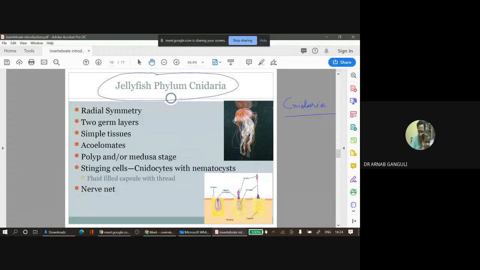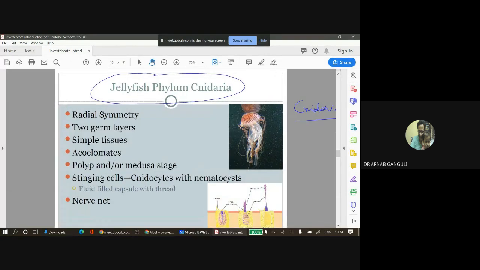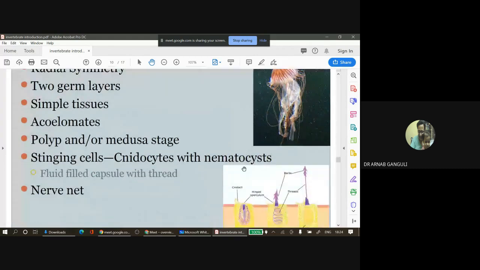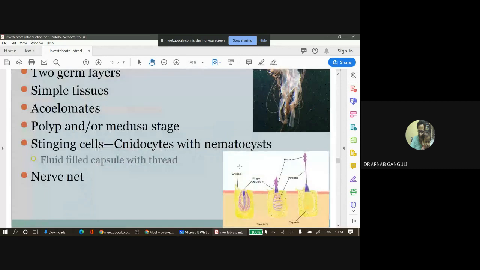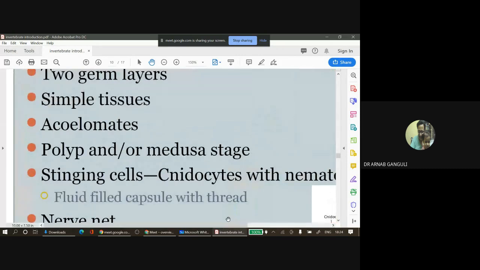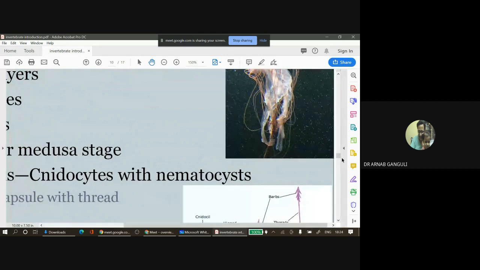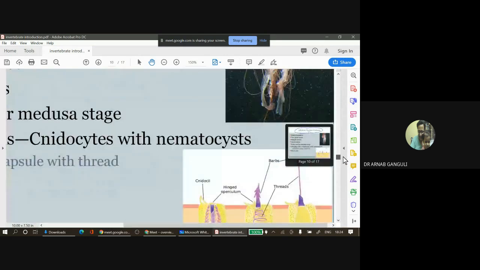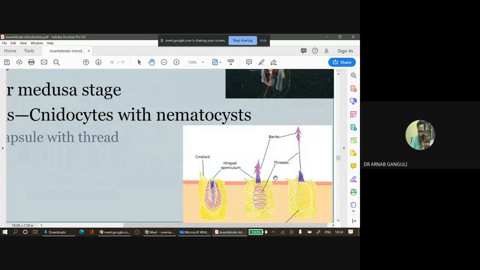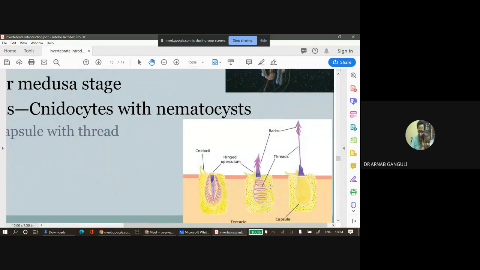They have cells known as cnidocytes with nematocysts. So basically they have these little barbs. There comes a little thread over here, and then you have this region over here, the capsule. Normally it is hidden like this.